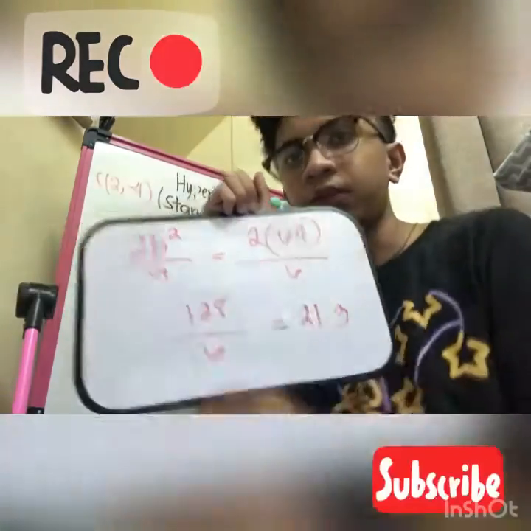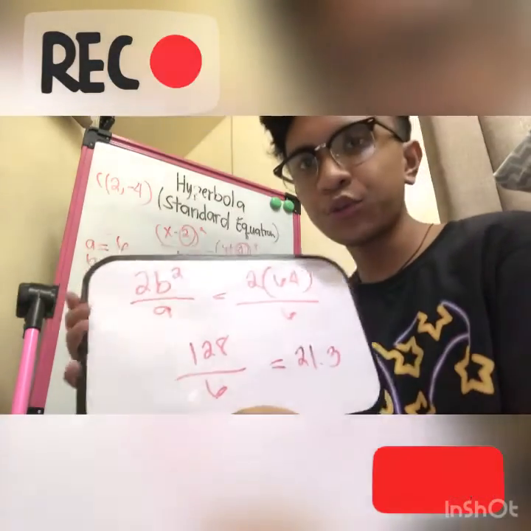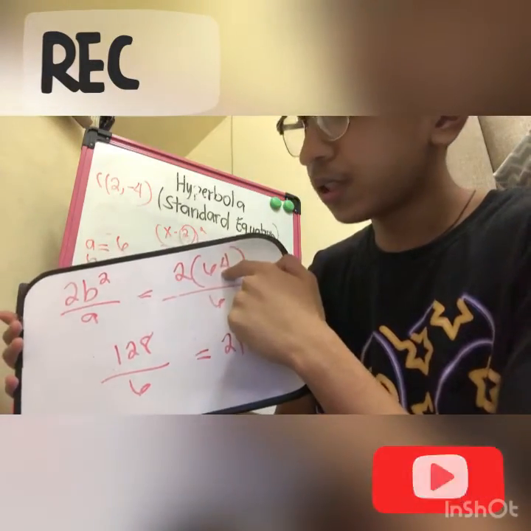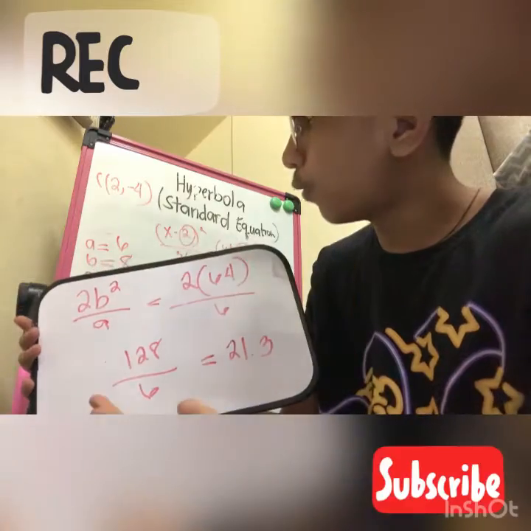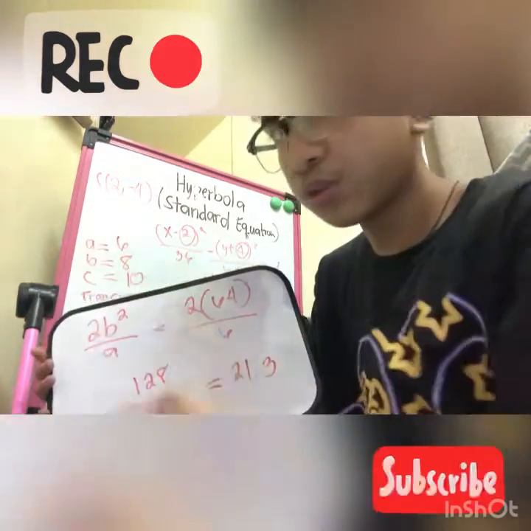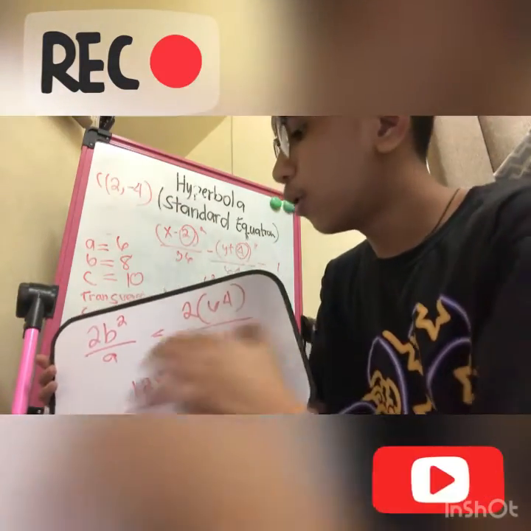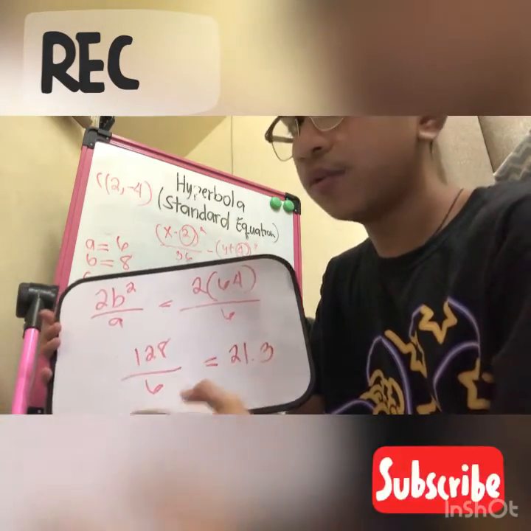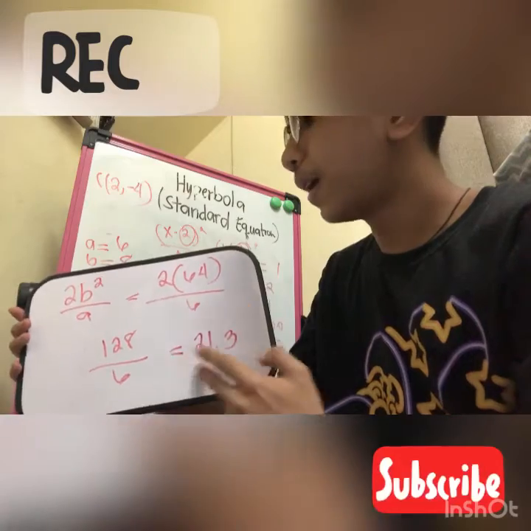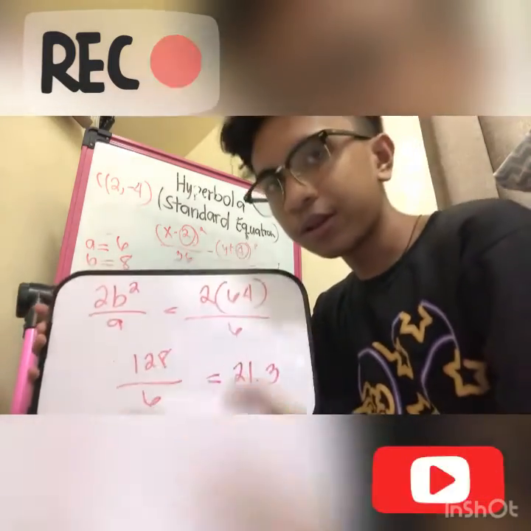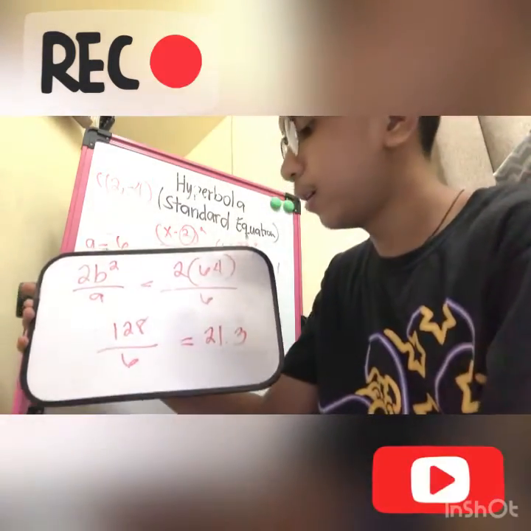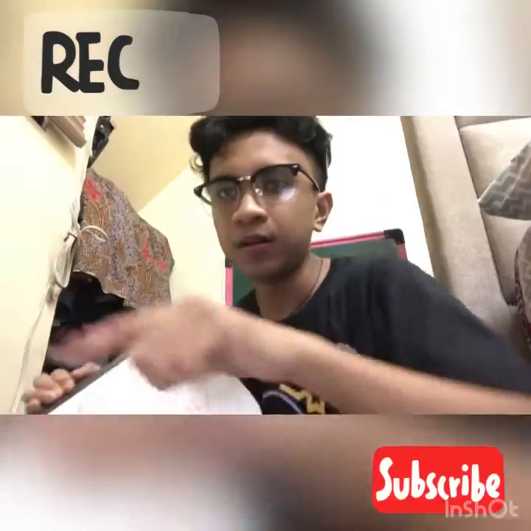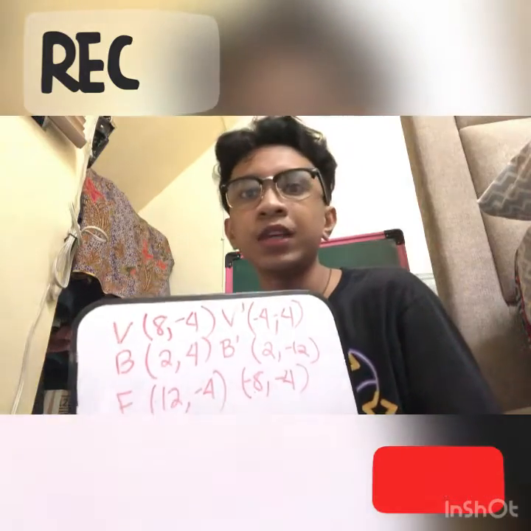So, remember, for the latus rectum, 2B squared over A, which means 2 times 64, where B squared is 8 times 8, 64, over 6. So, 128 over 6. So, the final answer, the latus rectum of the hyperbola, is 21.3.